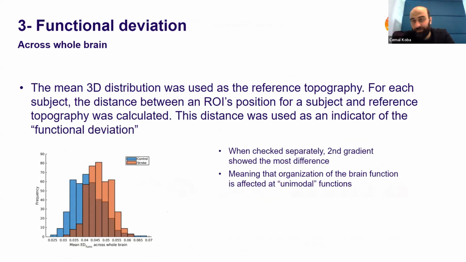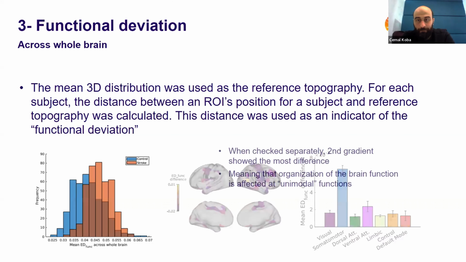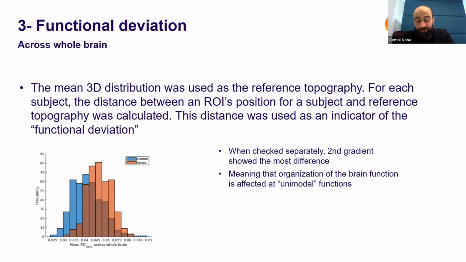And when we check the gradients separately, we saw that the source of this difference is coming mostly from the second gradient, which defines the visual and somatomotor functions, which is the unimodal function gradient, meaning that stroke primarily affects the organization of the basic functions in the brain, not the higher order functions.